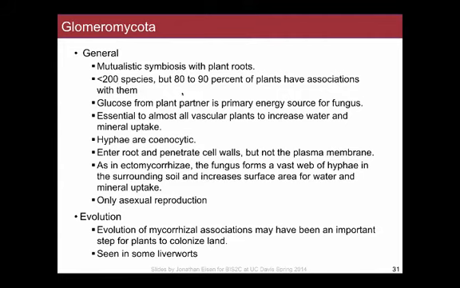But if you look across plant diversity, about 80 to 90% of all plants have associations with at least one of these species. So these 200 species have mutualistic symbioses with almost all of the plants on the planet.